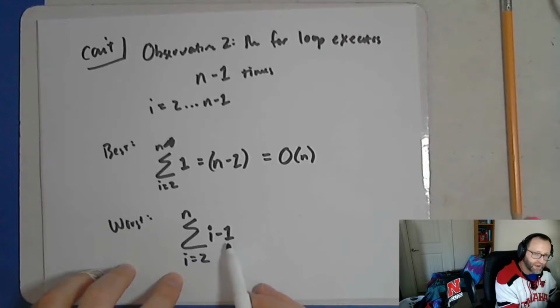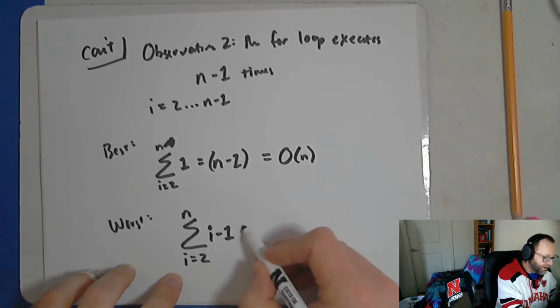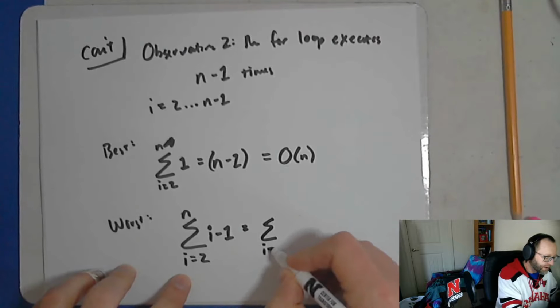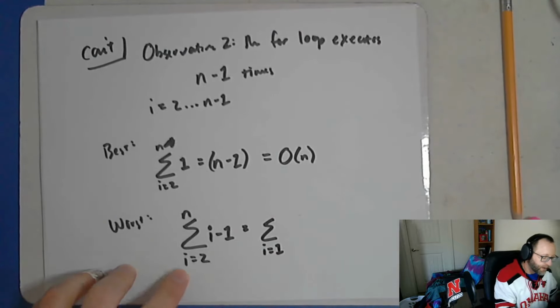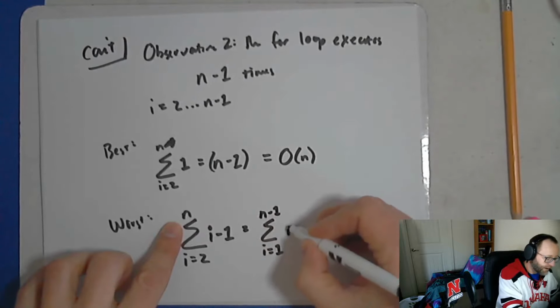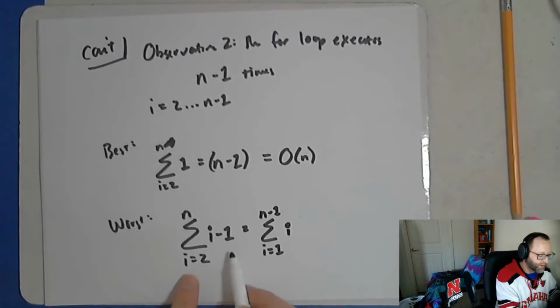But if I'm subtracting 1 every single time, all I have to do is change my indices on the summation. If I take I minus 1, then instead of starting at 2, I can start I at 1. And instead of stopping at n, I can stop at n minus 1. And then I can get rid of that negative 1. I'm pulling that negative 1 into the summation right there.